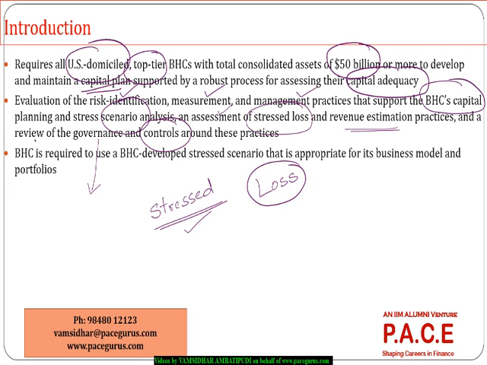And every bank holding company which falls into this large category has to develop a stressed scenario.